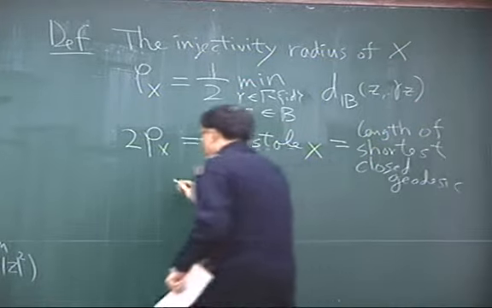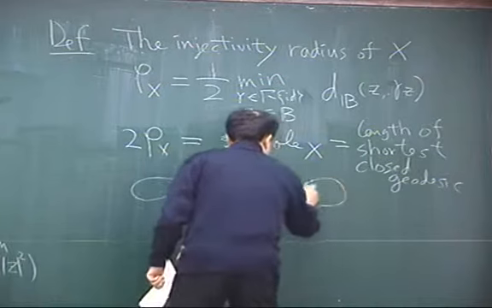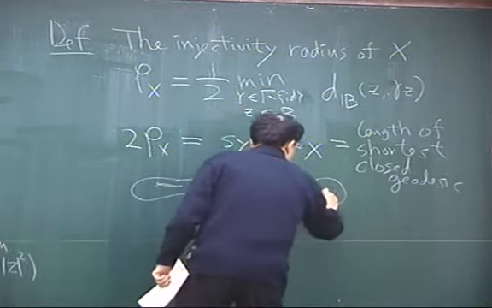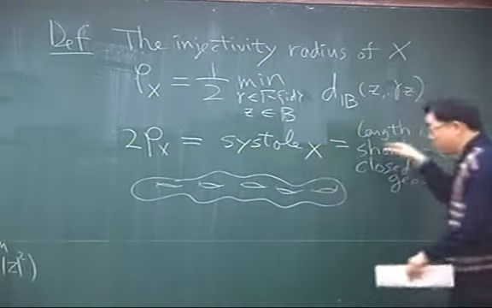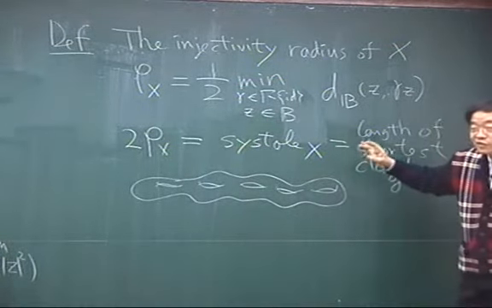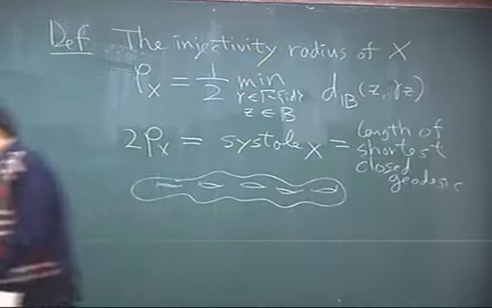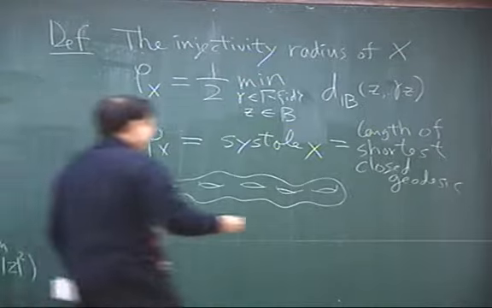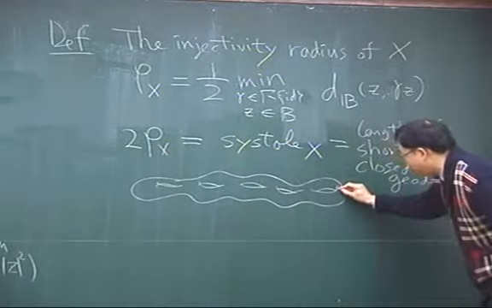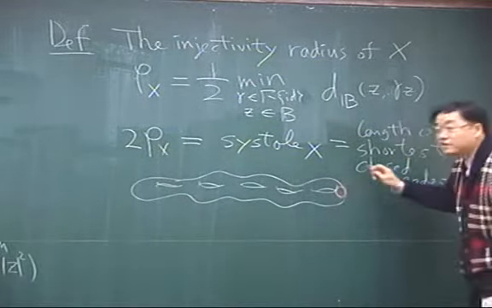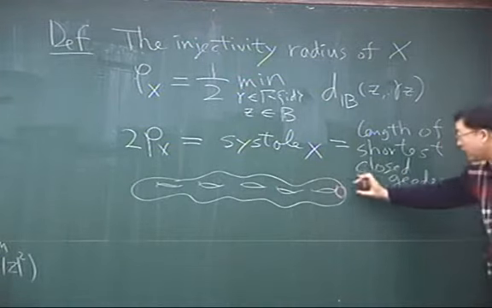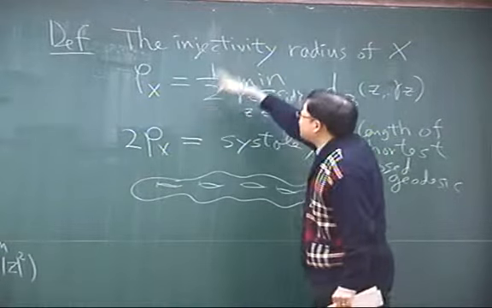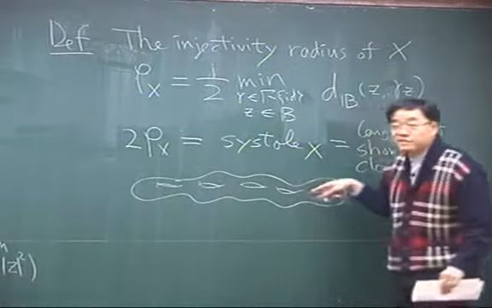So when you have your Riemann surface, systole means it's the shortest geodesic. For example, here you can put it here. The shortest closed geodesic, and the length of this is what's called the systole. And the injectivity radius is exactly half of this.